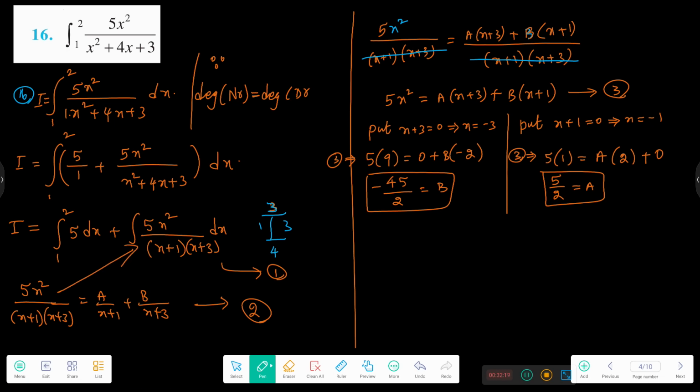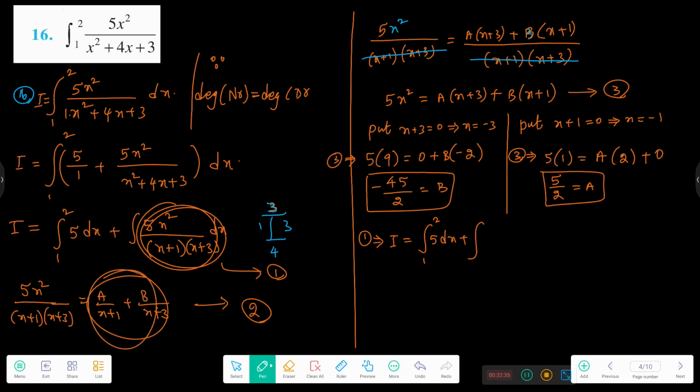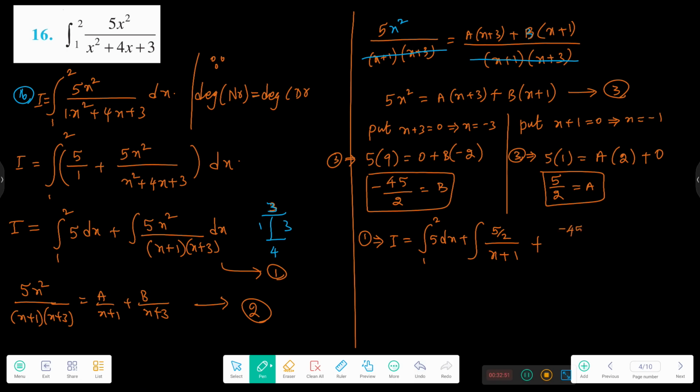So I is equal to the integral from 1 to 2 of 5 into dx plus, this 5x² we have written like this, so you can rewrite a value, 5 divided by 2, whole divided by (x + 1), plus b value, minus 45 divided by 2, whole divided by (x + 3), into dx.